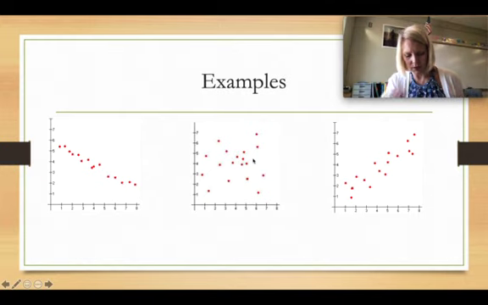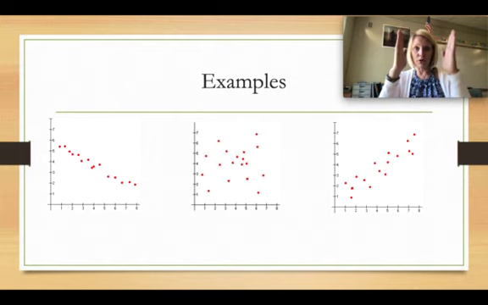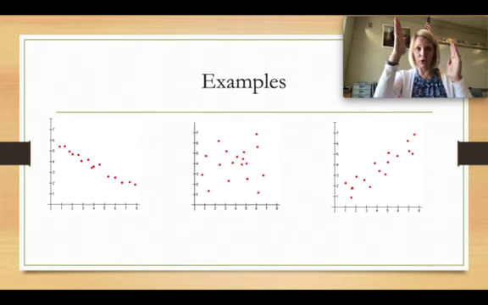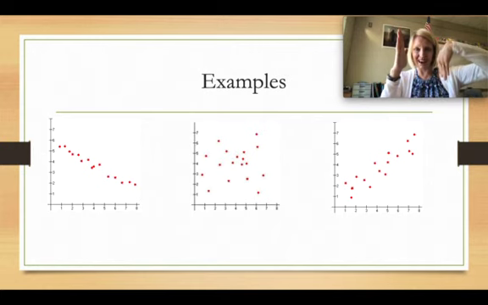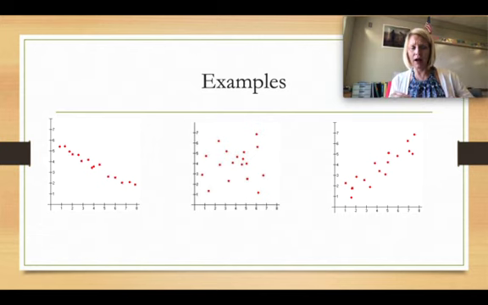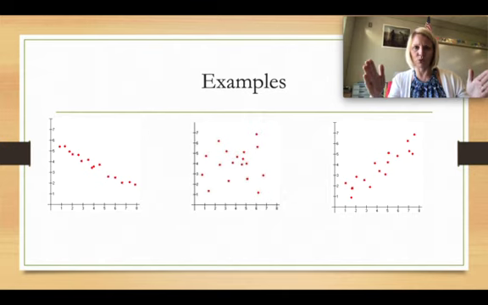There's nothing here. So remember, as one goes up and the other goes up, that's positive correlation. If one variable goes up and one variable goes down, that's a negative correlation. I could give you tons of examples, but remember, correlation is just measuring the strength of which two things relate, from +1 to -1. How do those two things relate?